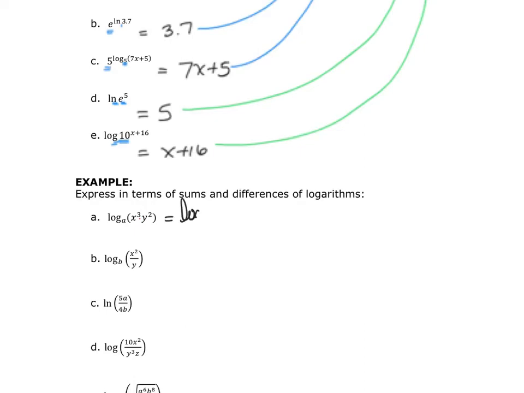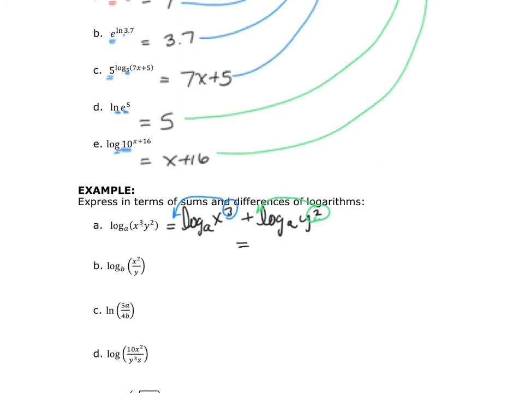So this will be the log base a of x cubed plus the log base a of y squared. Now I'm going to use the power rule, which means this power on the 3 is going to come down out front, and this power on the 2 is going to come down out front as a multiplier. So this is going to equal 3, the log base a of x, plus 2, the log base a of y, and that's my final answer.